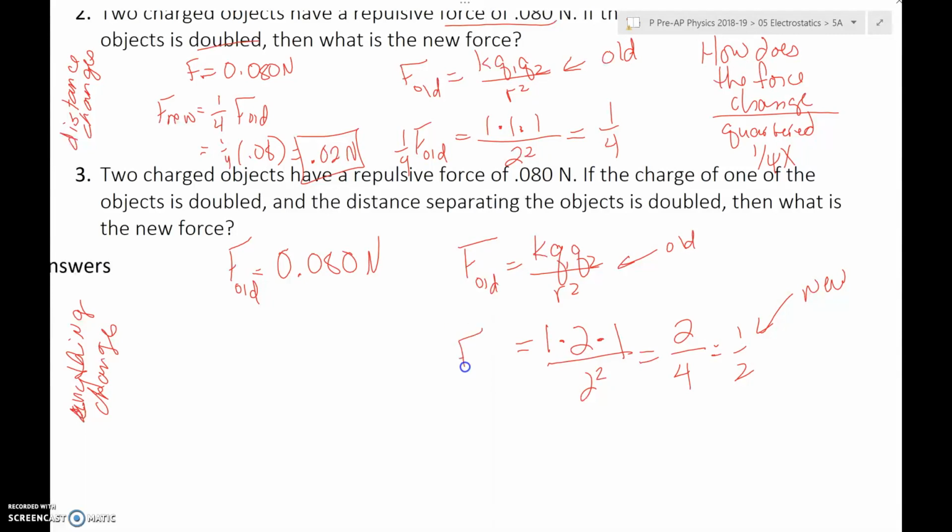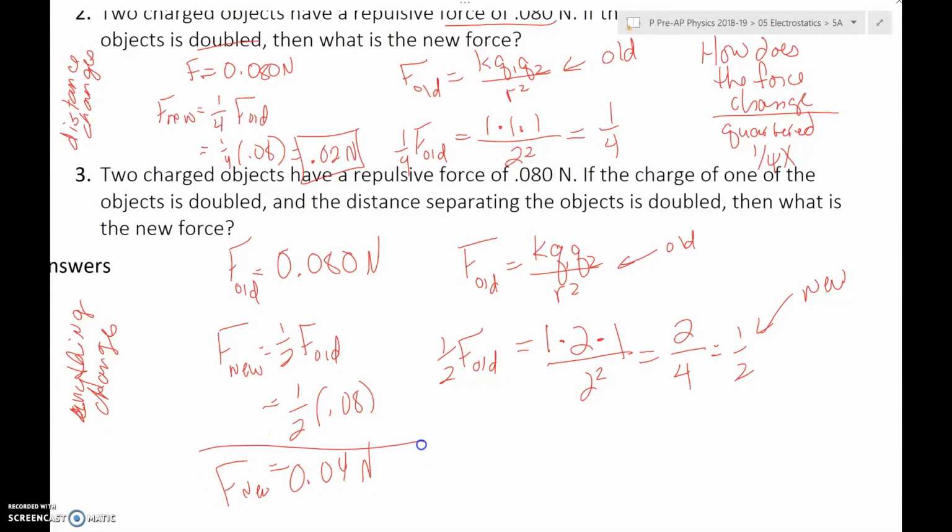So the new is going to be 1/2 of the old. So it is 1/2 times 0.08, giving us 0.04 newtons. That is our new force.